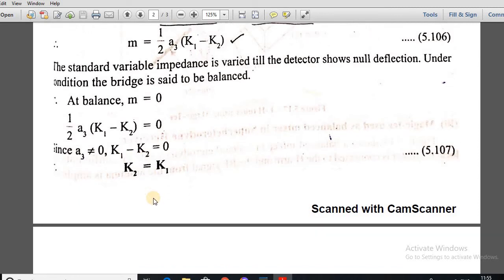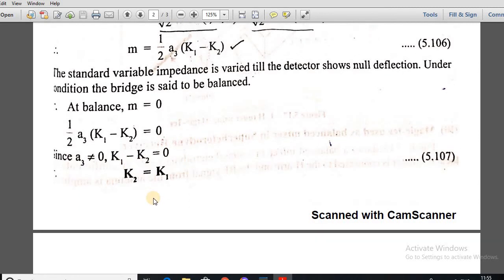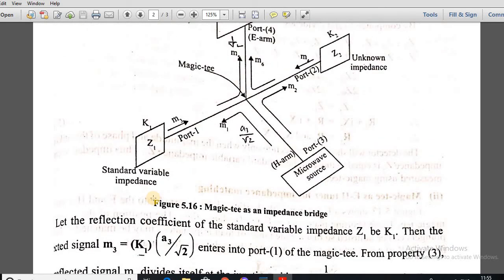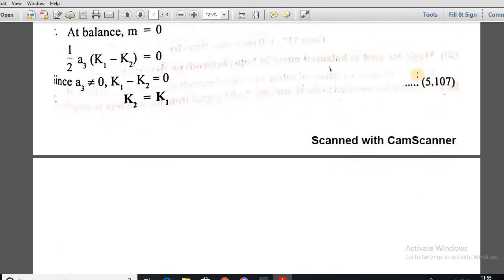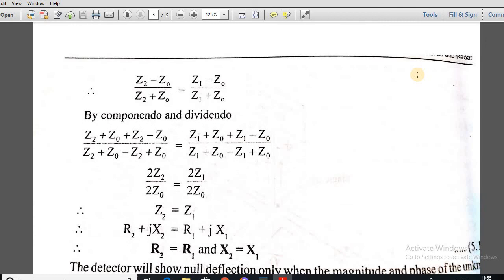What are K1 and K2? Reflection coefficients of the two ports, port 1 and port 2, which are terminated with impedances Z1 and Z2. So we can write the reflection coefficient in terms of impedances. We know reflection coefficient is ZL minus Z0 divided by ZL plus Z0, the well-known formula we have used a number of times.